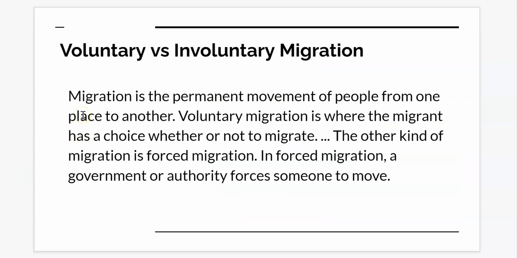Okay, now let's talk about voluntary or involuntary migration. Migration is basically permanent movement of people, so they're not going to be going back to the other place. Voluntary is they have a choice to migrate or not. So for example, if you're okay where you're at, but you're just looking for a better life and you want to go somewhere else, that would be a voluntary migration.